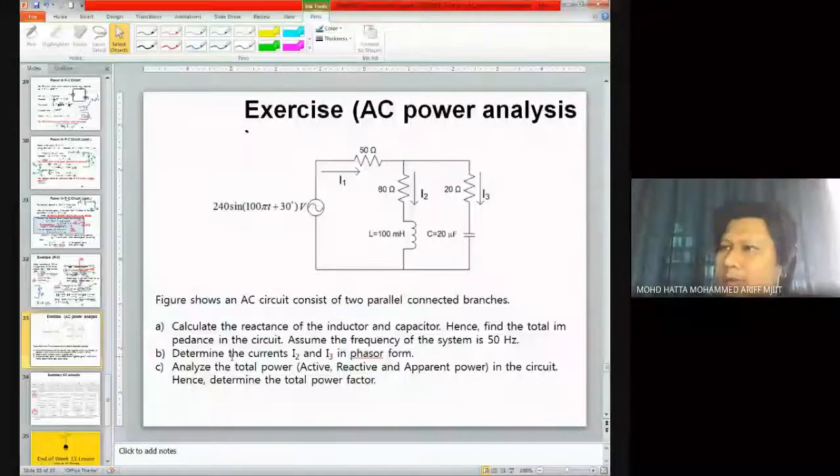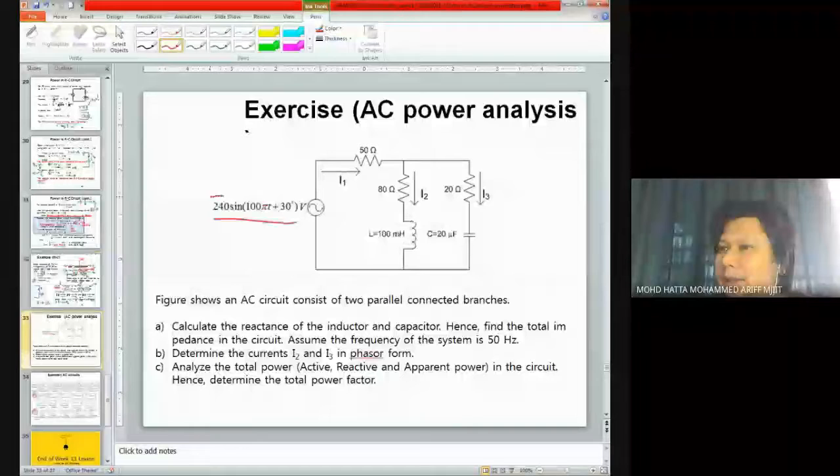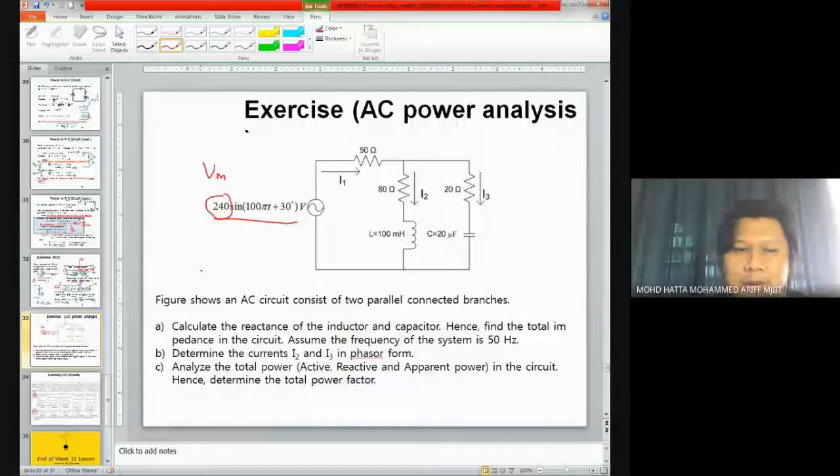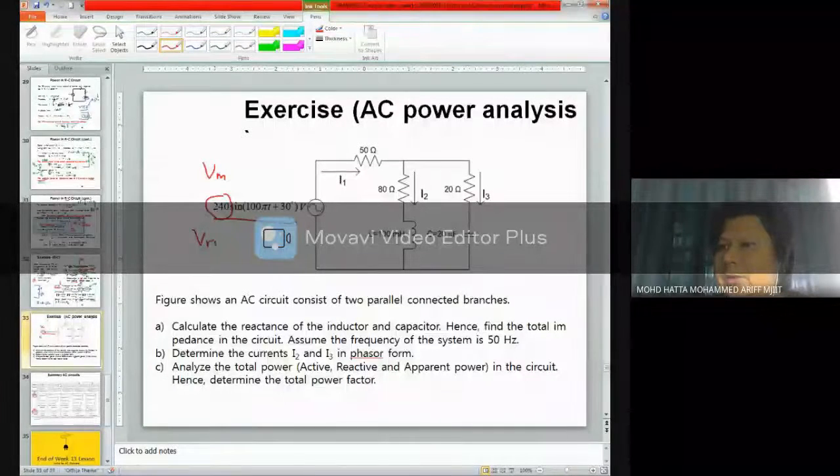So according to this question, the first thing is that the voltage here is given in sinusoid form. The 240 you see over here is its maximum value or its peak value. So what I suggest is that this value should be rewritten in its RMS value.